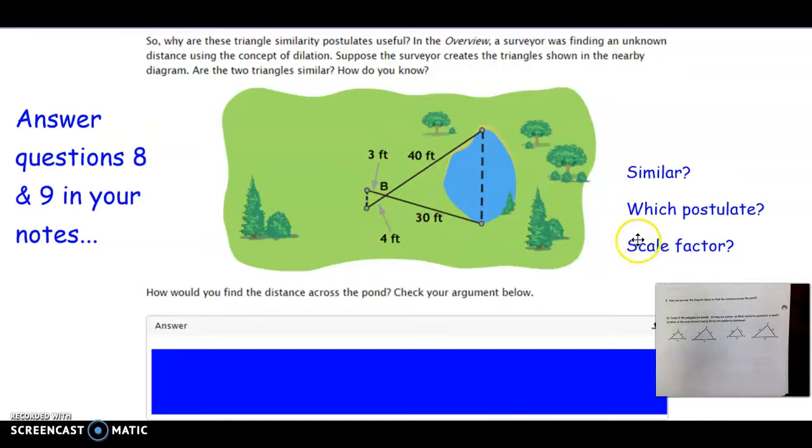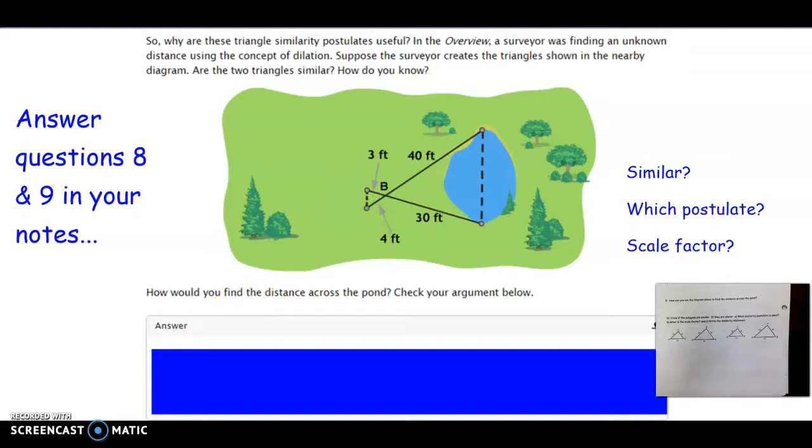Now, if you're trying to find a scale factor, then we typically think of the first triangle as the original one and the second one as the image. But we know in this case we were starting off with the distance in the pond, and so we were really looking at this as our original triangle and this as the image of that.